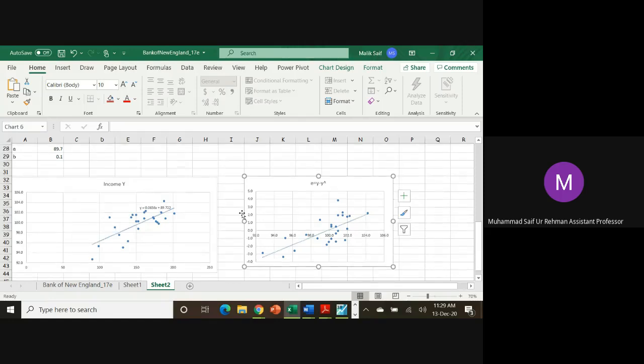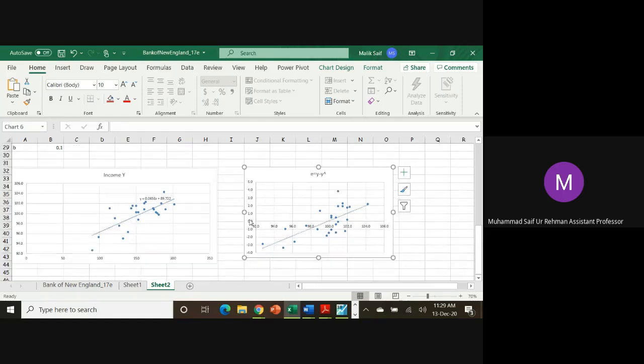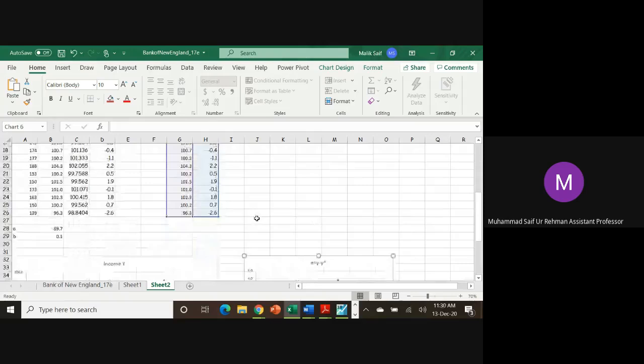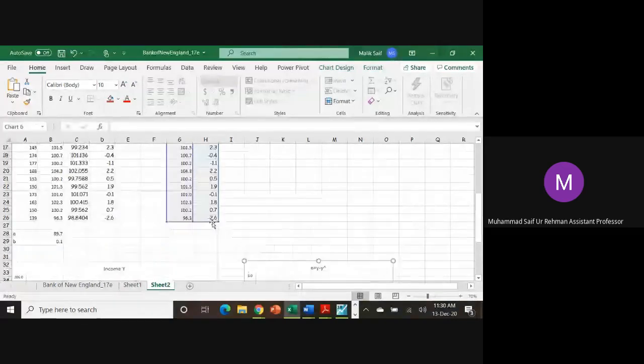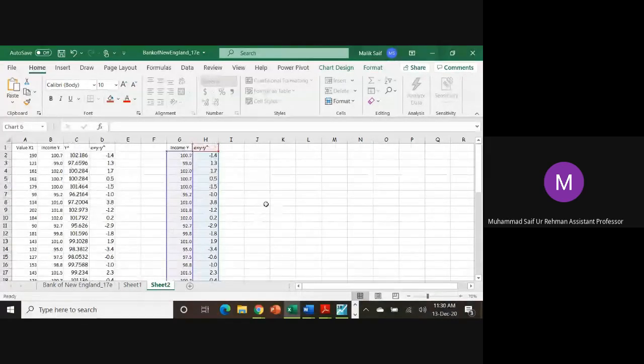When you are working with a simple regression model, it will work in this way. If it is a multiple regression model, then there will be more than one explanatory or independent variable in the model. In that case, you will still have one series for the residuals.